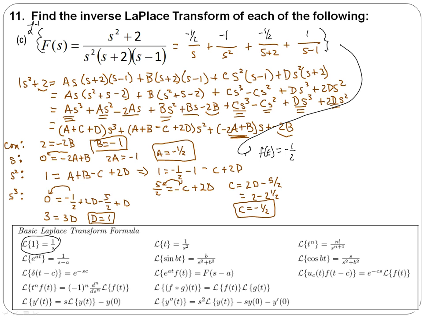So I get negative 1/2 times 1. And then minus 1 for my second term. And the inverse Laplace of 1 over s squared is t.